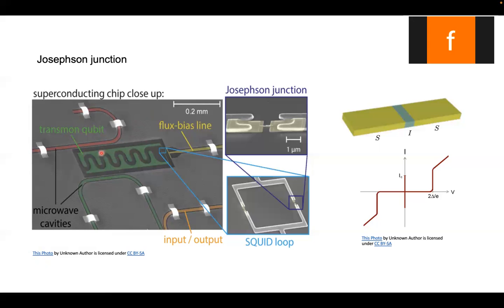This is the way people draw or build a capacitance. And in this part there is a SQUID. This is a superconducting loop where we have just some junctions. This is a transmon qubit.